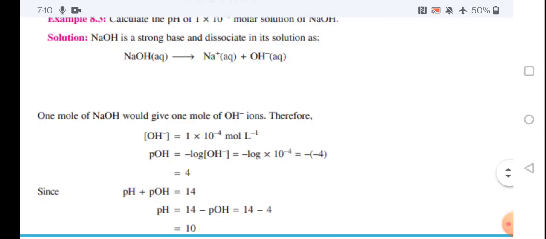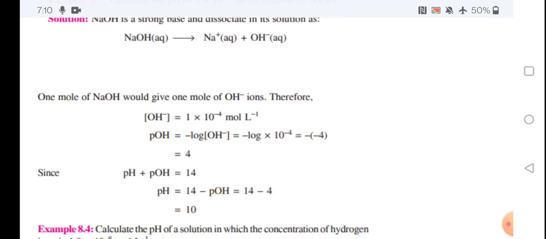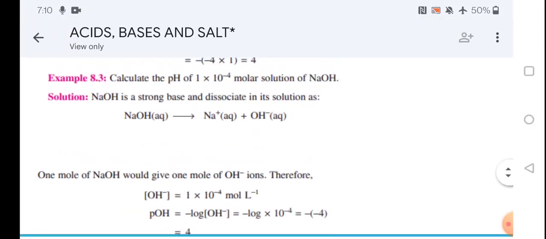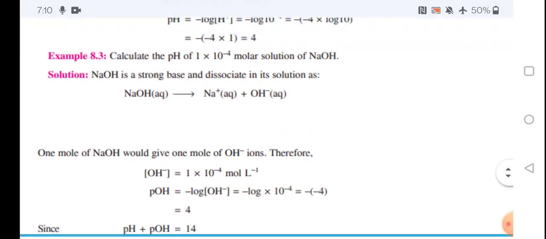To find out the pOH value, we are applying the logarithm to the concentration of OH ions. So we got 4. Here the question is to calculate the pH value, but we got the pOH value.